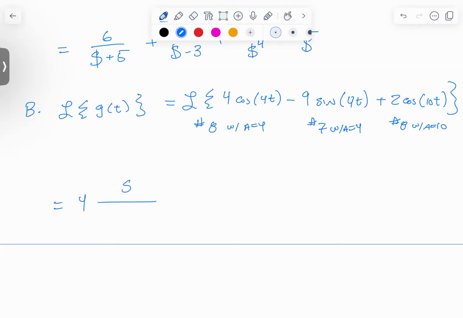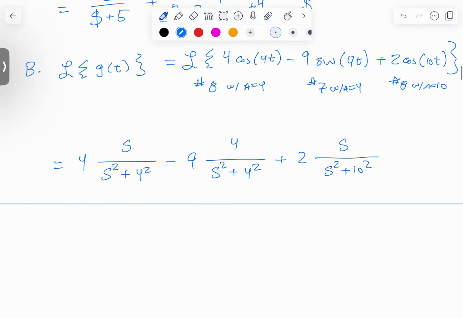And then simplify it down. And so we have 4s squared plus 16.